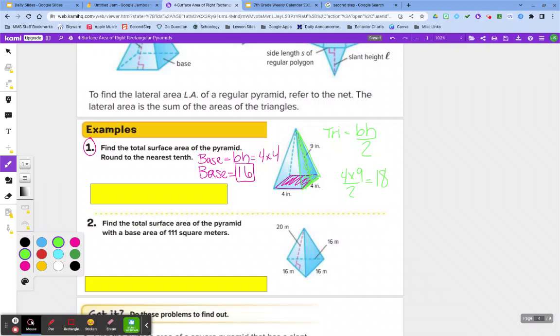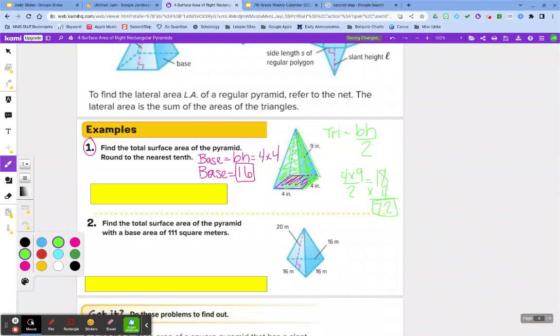Now, there are other sides that are going to equal 18. So this triangle on the side, this triangle in the front, the triangle on the other side, and the triangle on the back are all the same size. So that's 1, 2, 3, 4 triangles that will equal 18. So we're going to multiply that by 4 of the sides. 18 times 4 is going to equal 72.